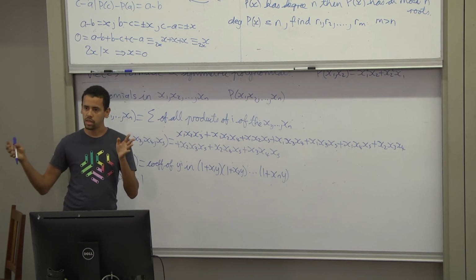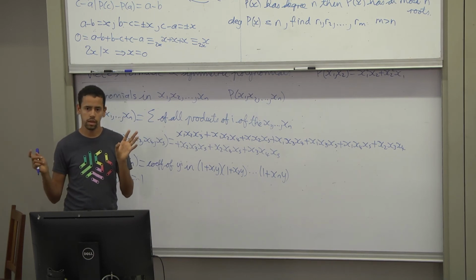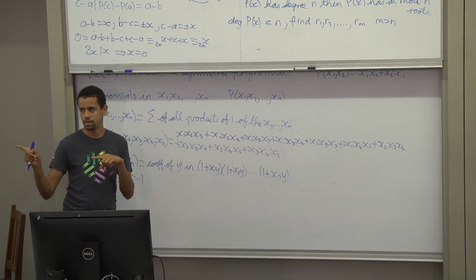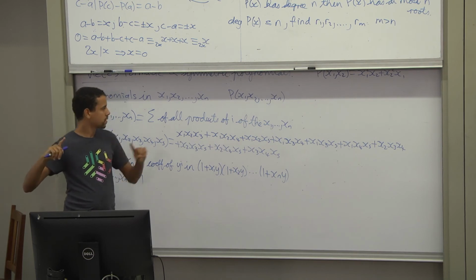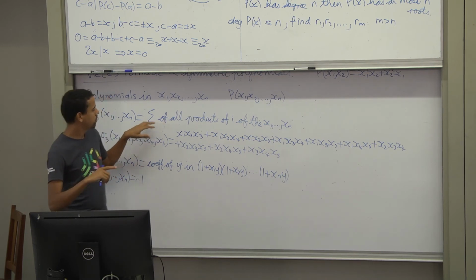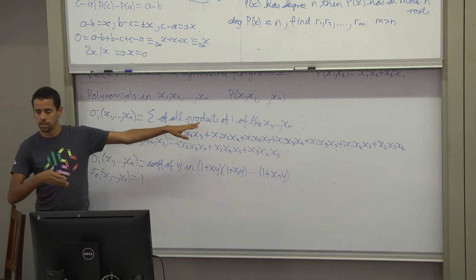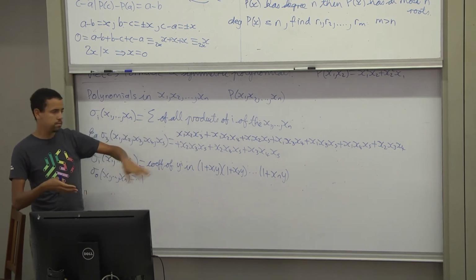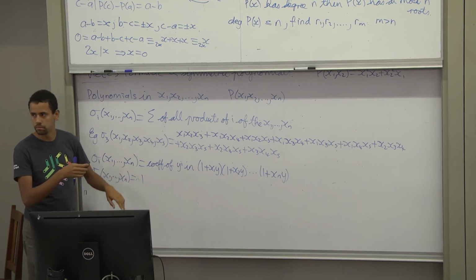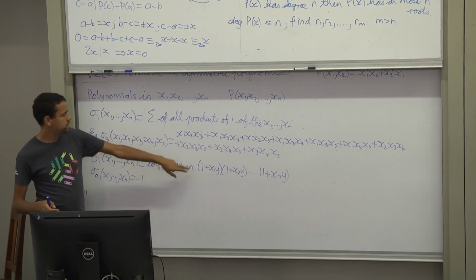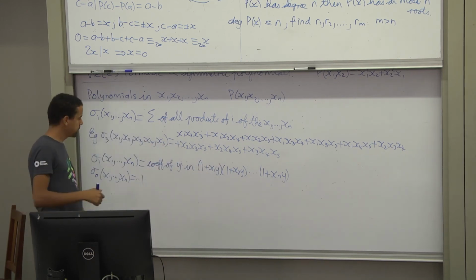What do you get if you take a product of 0 things? 1. Not 0. And there's only one way to choose 0 of the xi. You just choose 0 of them. So that's why you get 1. Another way is to just look at the coefficient in there.